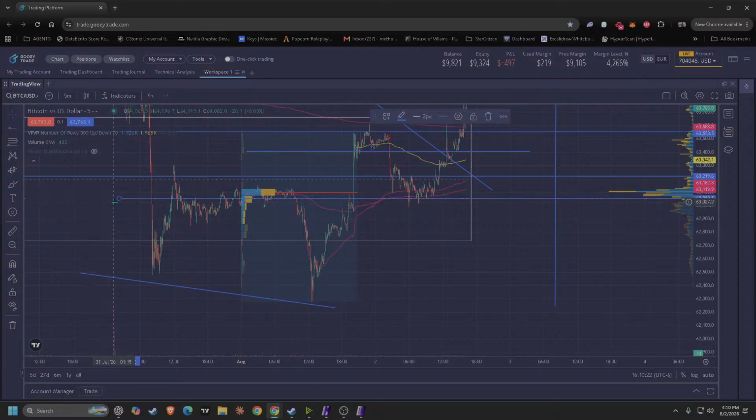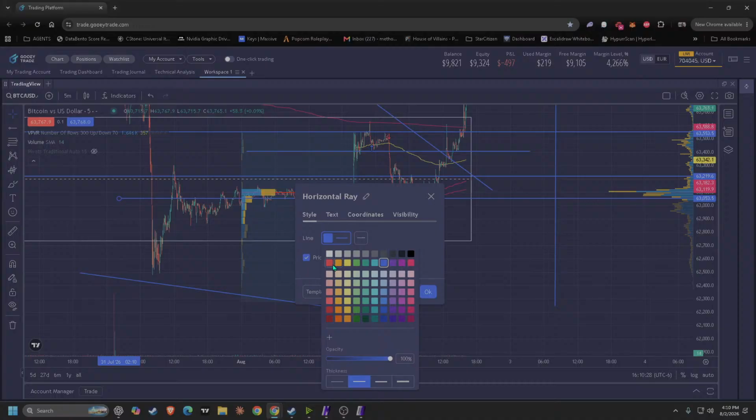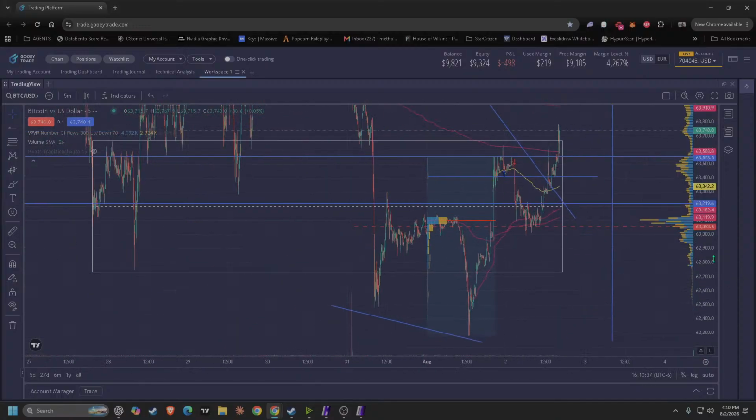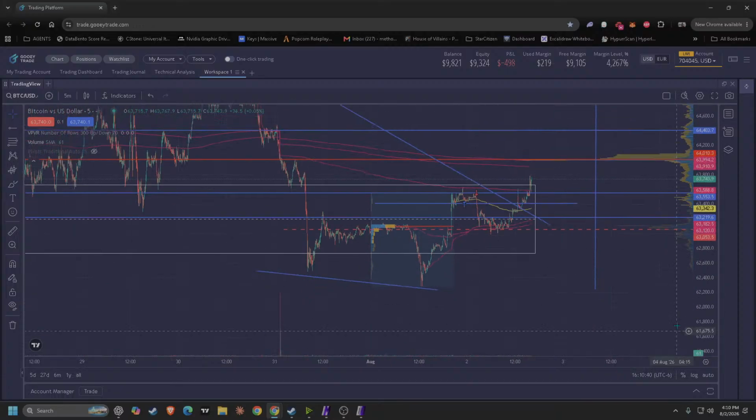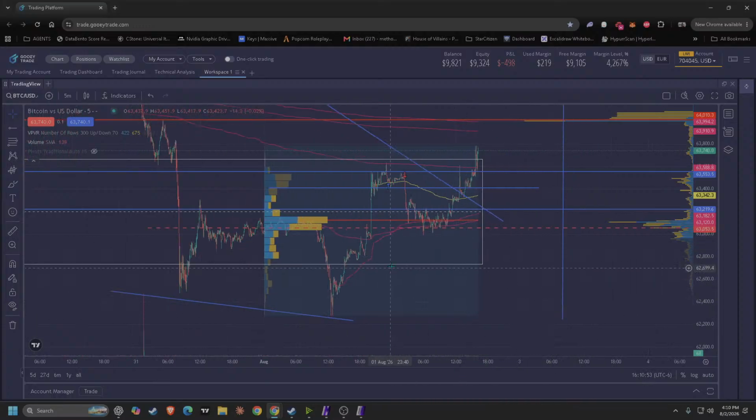That'd be our support area. Then this makes sense.